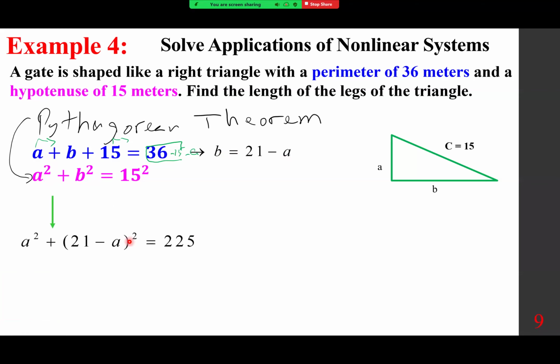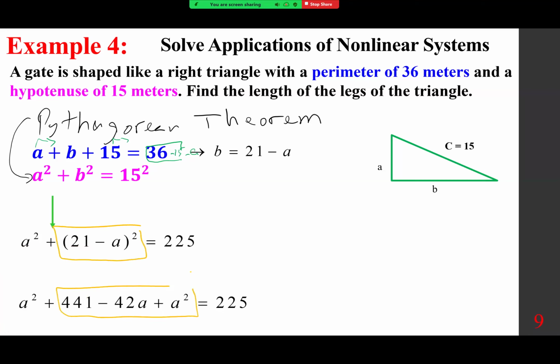We're going to simplify this by raising it to the power of 2. So 21 squared, which is 441, minus 2 times the first times the last, minus 42A, and then A squared. So this one remains. And 21 minus A quantity squared becomes 441 minus 42A plus A squared.